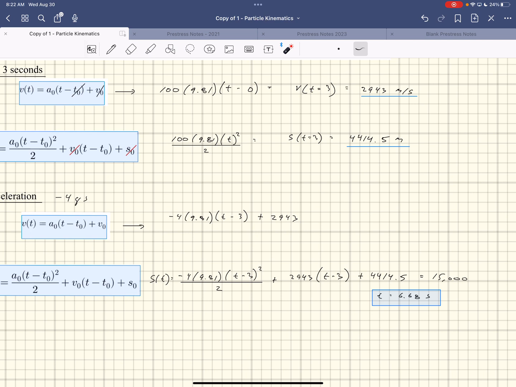We needed the velocity equation in the first part of the problem because I needed to know what v naught was coming into this one. But this second one, I don't need it. If there was a follow-on problem saying, what was the velocity at the point that it hits 15 kilometers, then you would need it. Then I'd take that 6.68 seconds, plug it into that equation, and it would tell me my velocity. That's a great question.